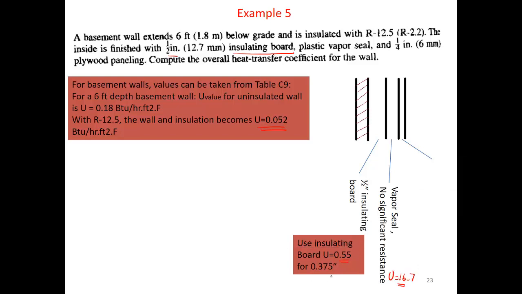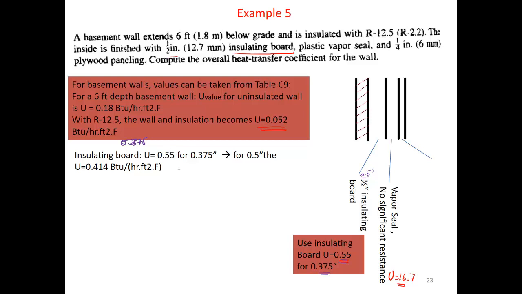Okay, so we said for 0.375 inch we have a U value of 0.55. This is 0.5 inch, half inch, so we have to adjust the U value right here, right? So for 0.375, we can find the thermal resistance first.